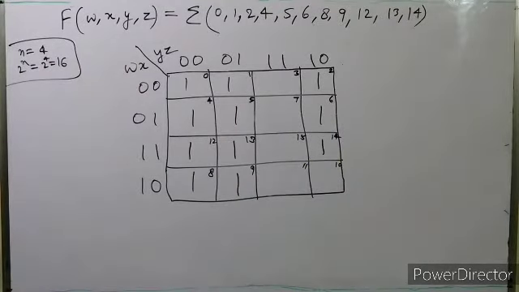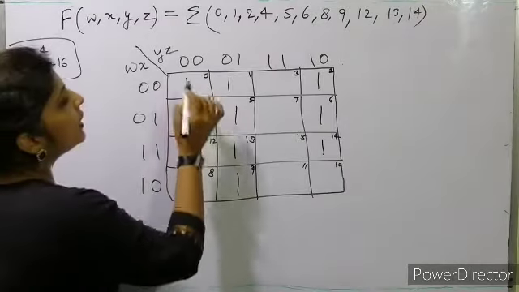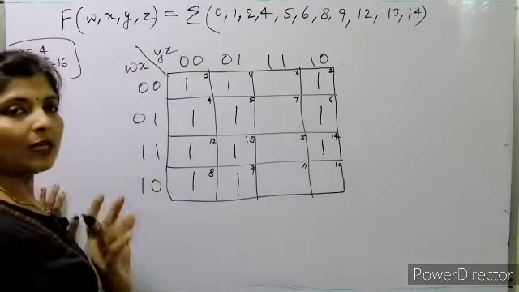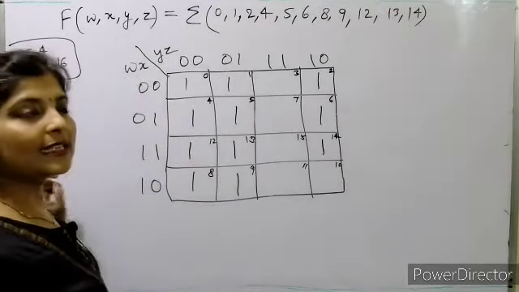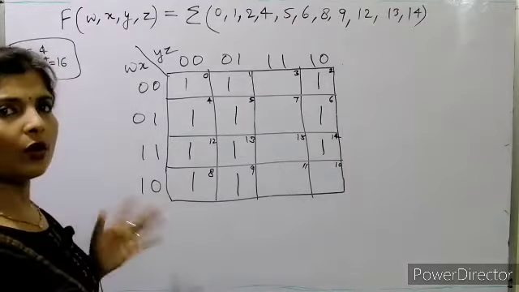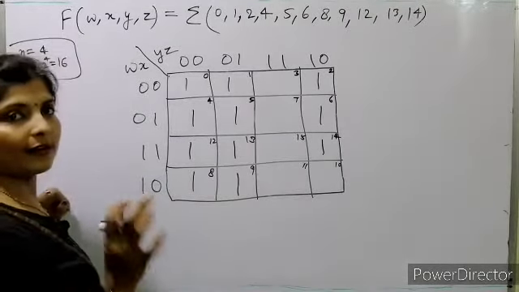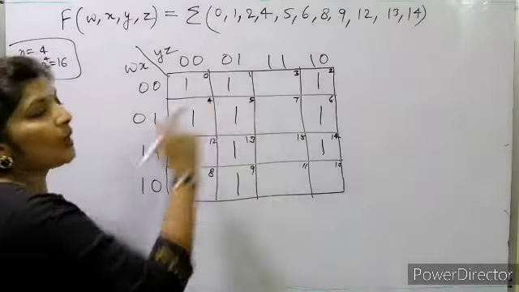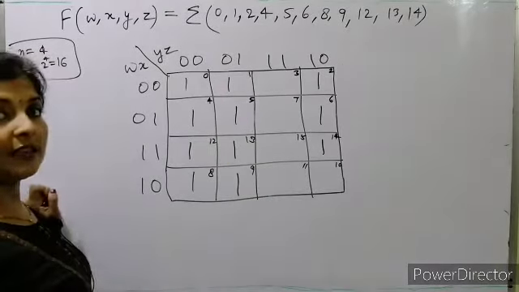So now what can we do? First of all, there are 4 variables. When we are taking one at a time, one box, one square, that means there will be 4 variables or complements, so all the 4 variables will be there in that term. Okay, when we are taking 2 at a time, meaning 1 is missing, there will be 3 variables.